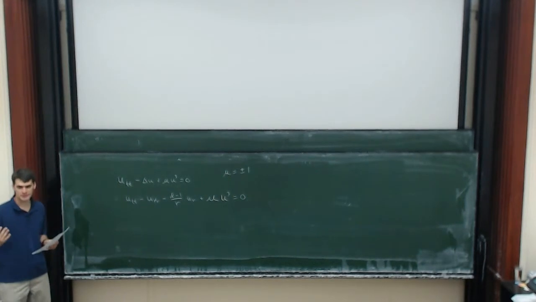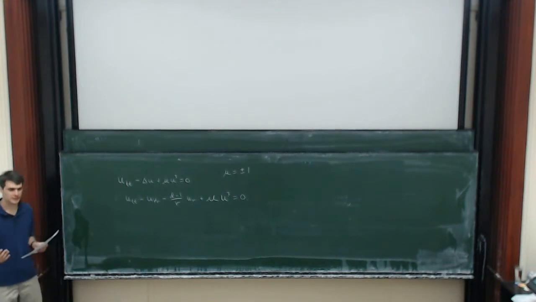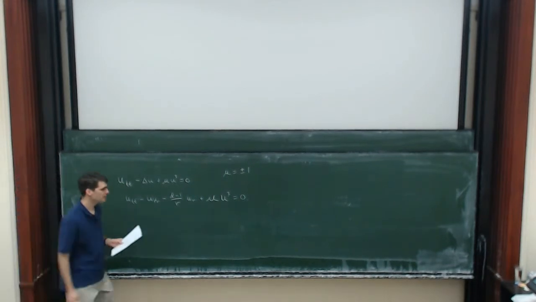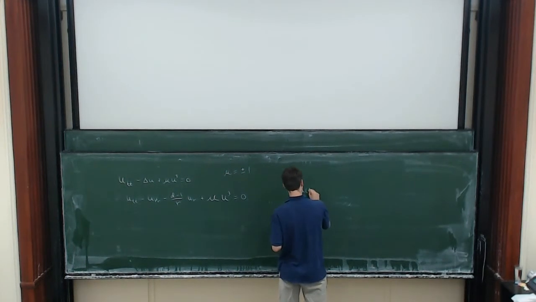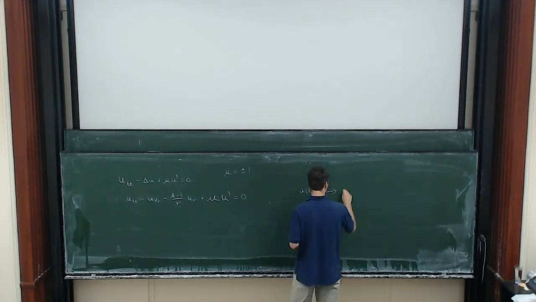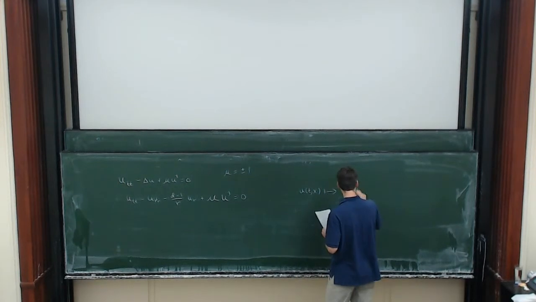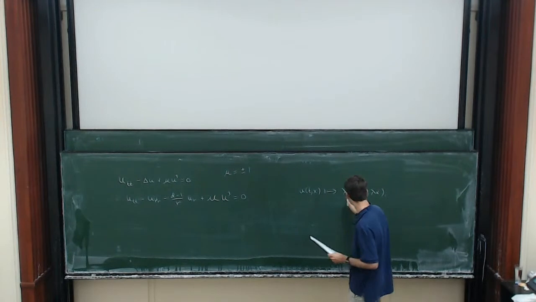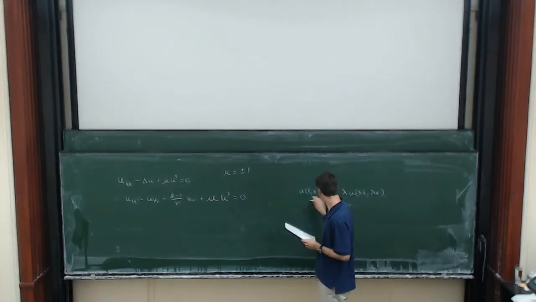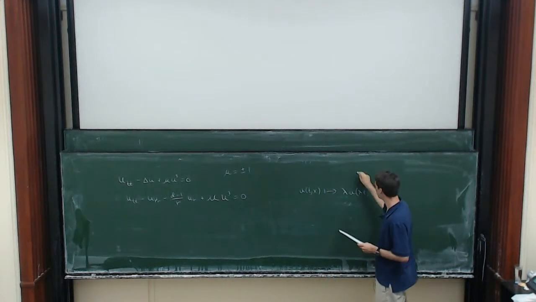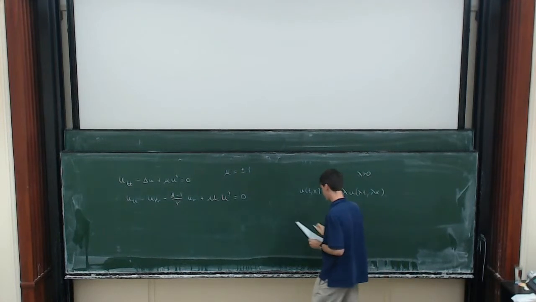And the reason is because dimension 4 has already been done. Dimension 4 is the energy critical case. And what that means is if you have a solution, you have a family of solutions given by this parameter lambda, where lambda is greater than 0.